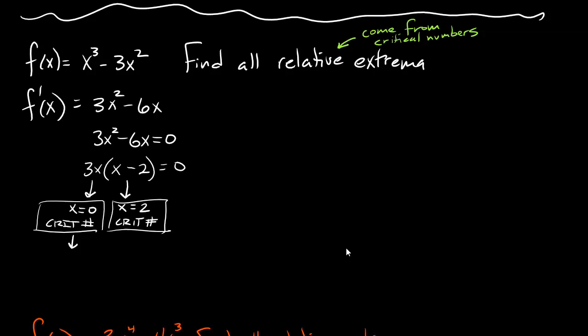Okay, so when I found x equals 0 as a critical number, I'm going to put 0 into the original function, so f of 0, which is 0. And then I'm going to put 2 into the original function, and I'm going to get, what is that, 8 minus 12? So negative 4? Did I do that right? Yep. Okay, so we ended up finding a critical point at 0, 0.